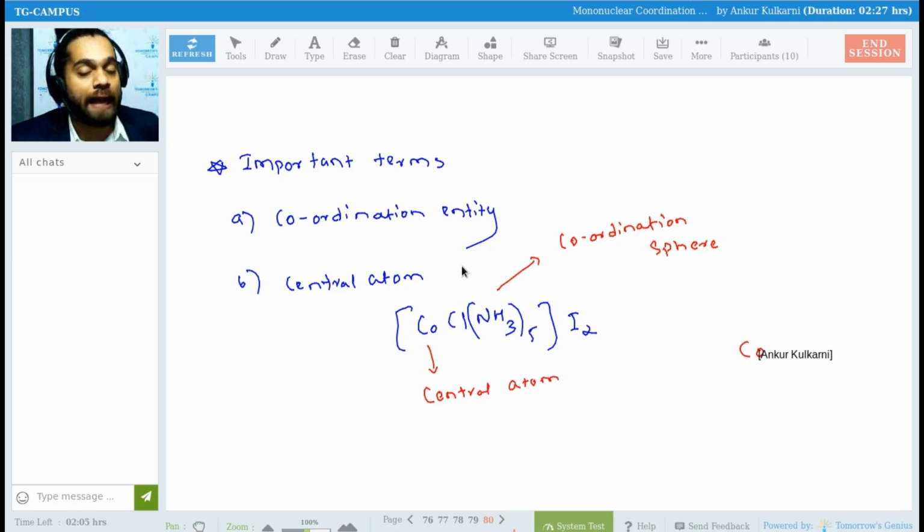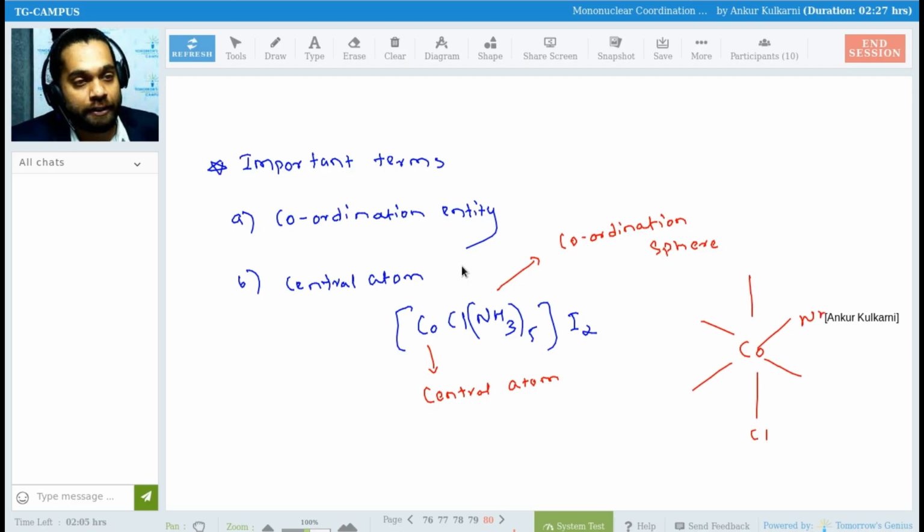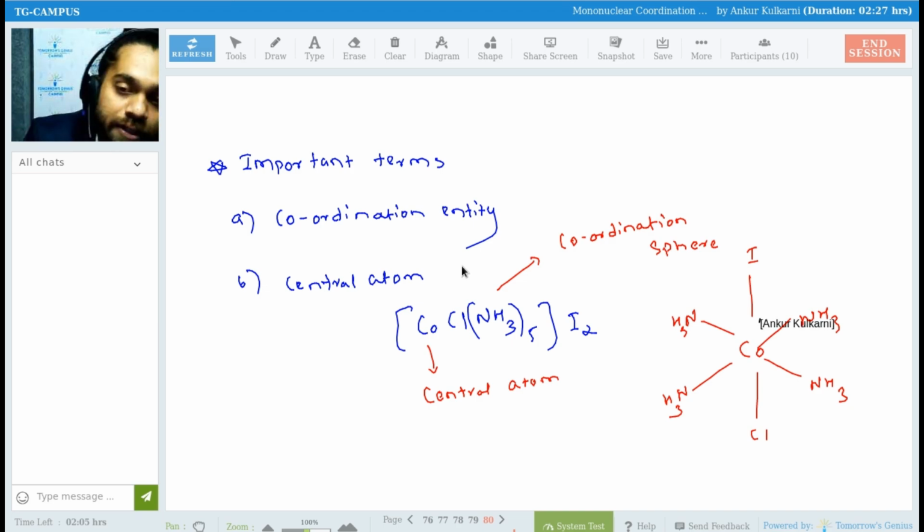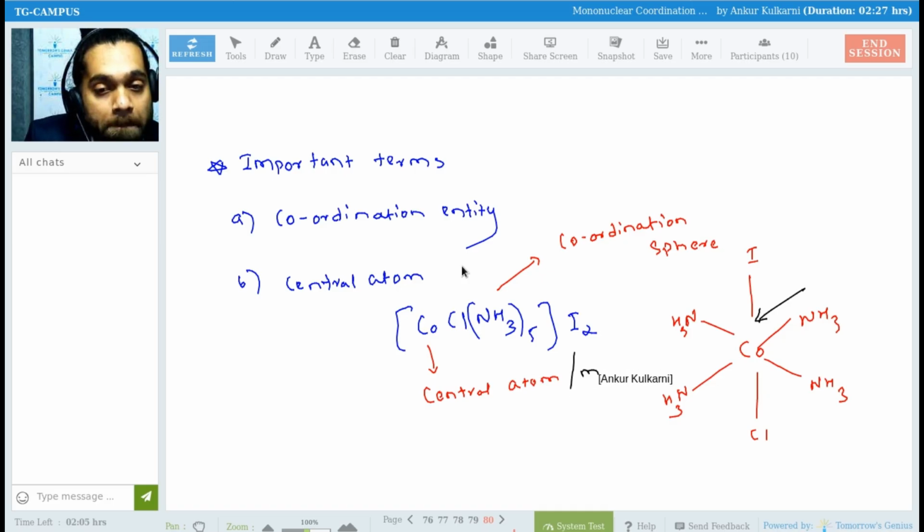Because to the cobalt, I will attach all the NH3. I will attach the I. Are you getting it, everyone? So this is like a structure. So my central atom is what? My central atom is cobalt. So this central atom will always and always be a metal in our coordination compound.